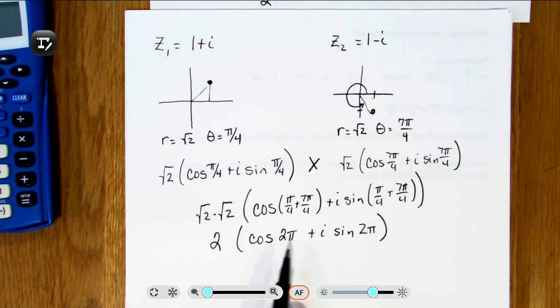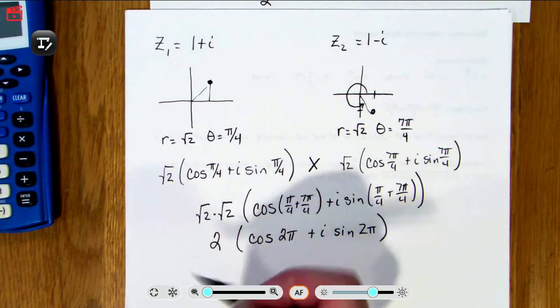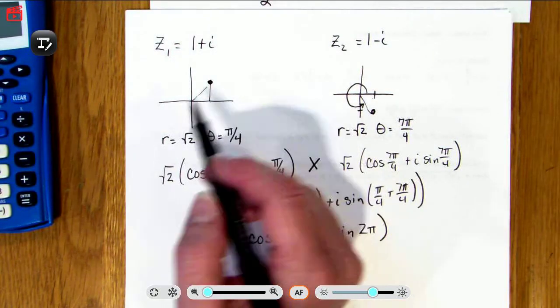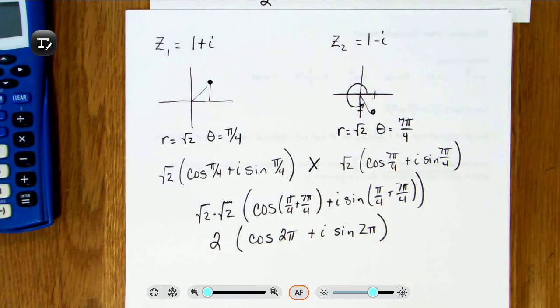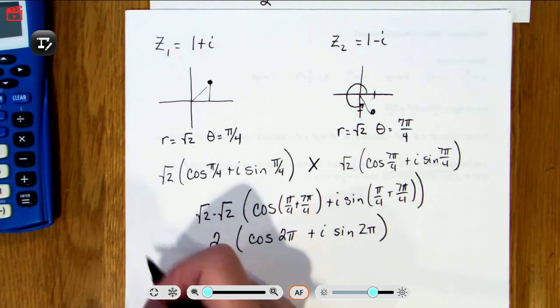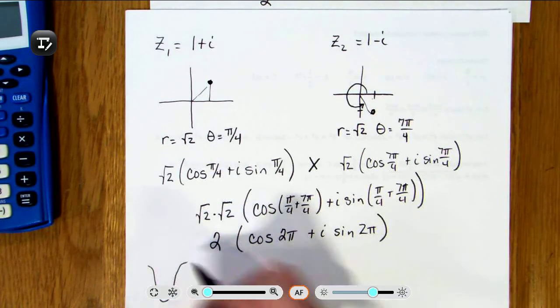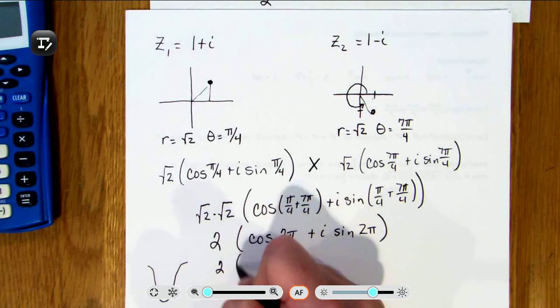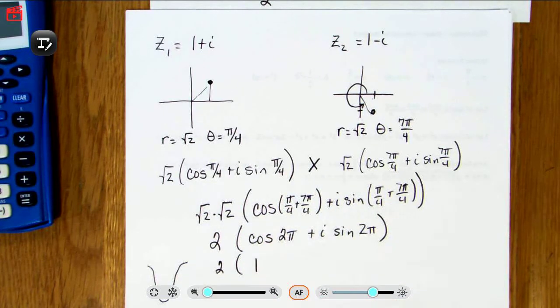Now the cosine of 2 pi, that's all the way around to 0 degrees. Our adjacent side and our hypotenuse are the same. It's also where we end the cycle if you're looking at the curve. The curve starts up, comes back up. So we get that the cosine of 2 pi is 1.